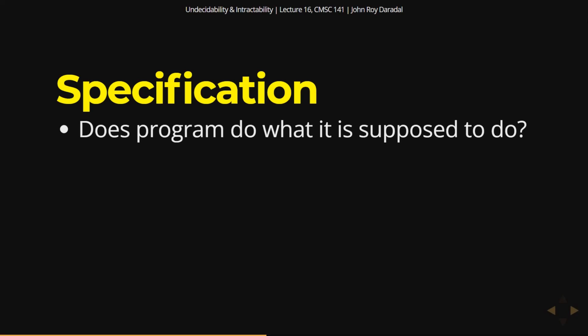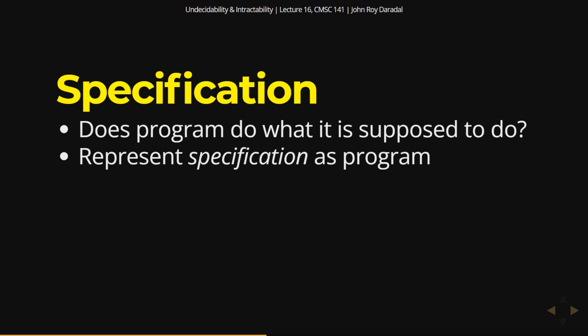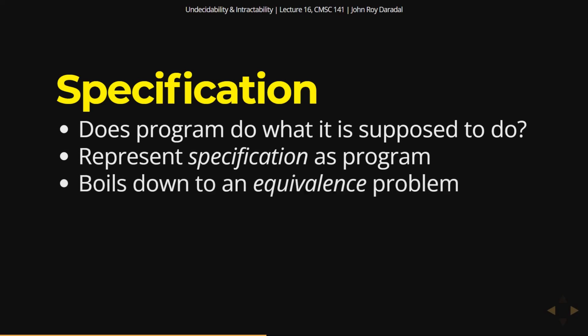Next is specification. Does the program do what it is supposed to do? Given that you have the specifications of your program or your software, are those specifications followed by the program? You can represent the specification as another program, and you can boil this down to an equivalence problem.